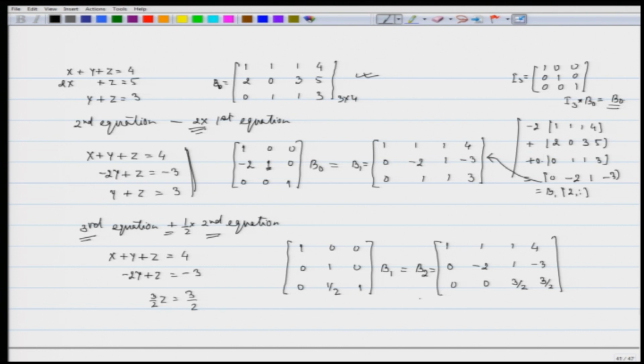So I would like you to see here that it is 0 times 1 1 1 4 plus half times 0 minus 2 1 minus 3 plus 1 times 1 1 3, all right. So, these are the entries of B1, they are coming from B1, all right. So, I would like you to see that this is 0, here it is nothing but minus half.